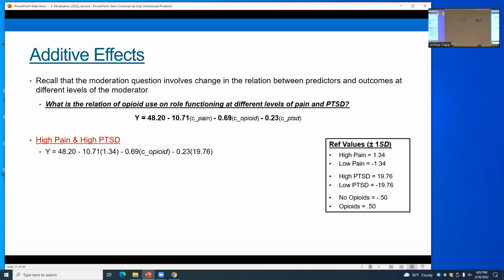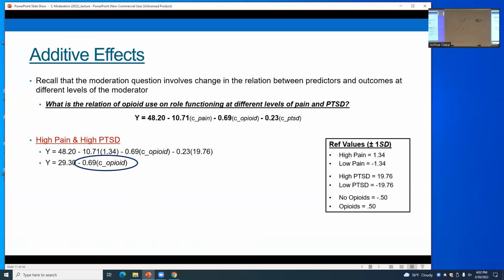I plug those into my equation, do the math, adding things and consolidating terms, and I find that at high pain and high PTSD, the effect of opiate use on role functioning is negative 0.69.